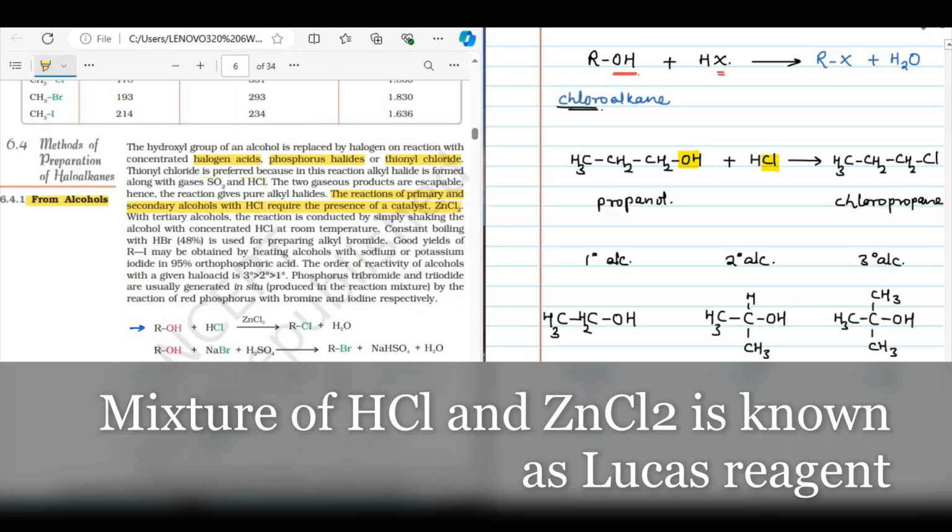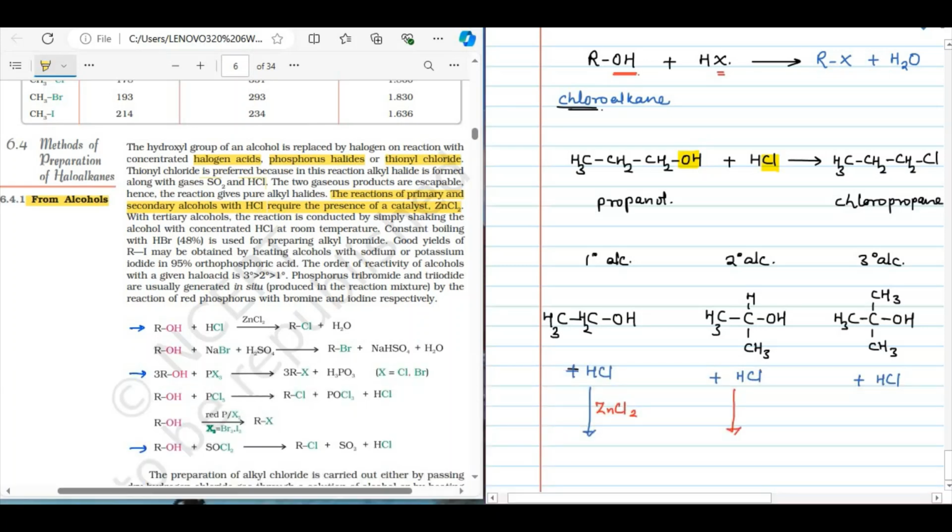Primary alcohol requires the catalyst ZnCl2. Secondary alcohol also requires the catalyst ZnCl2. While your tertiary alcohol just requires shaking at room temperature. So at room temperature, this reaction takes place.